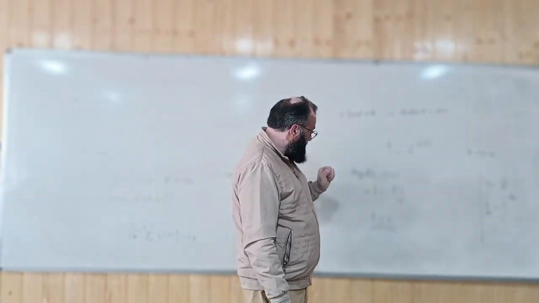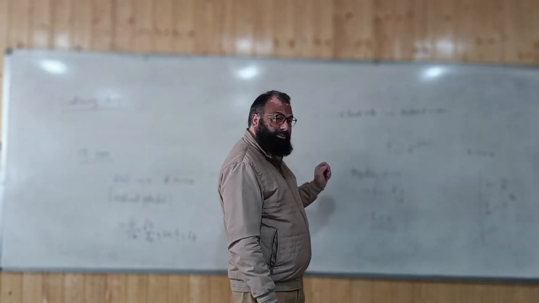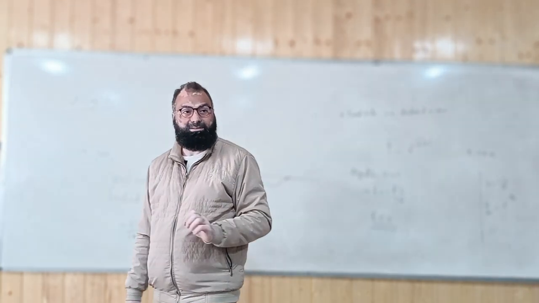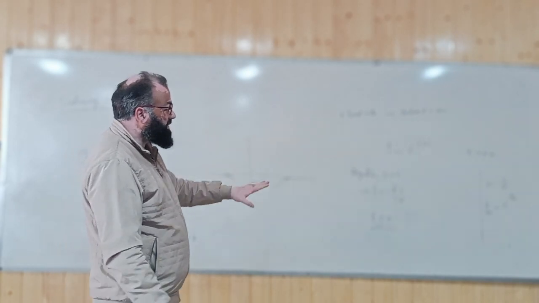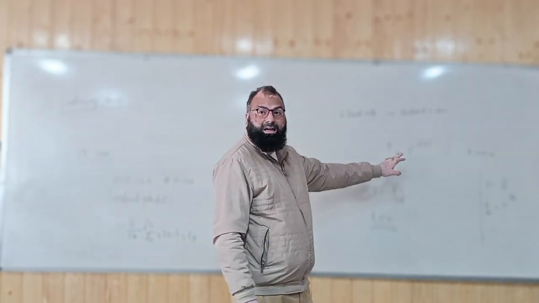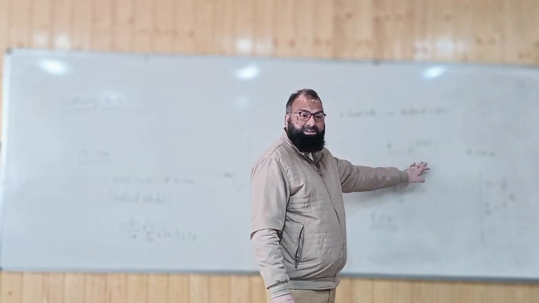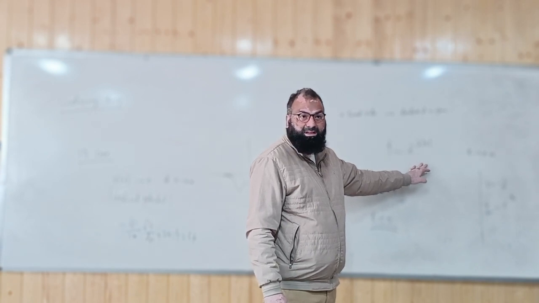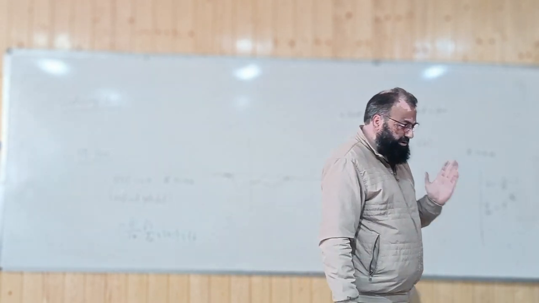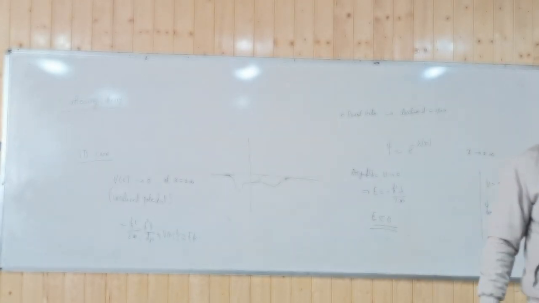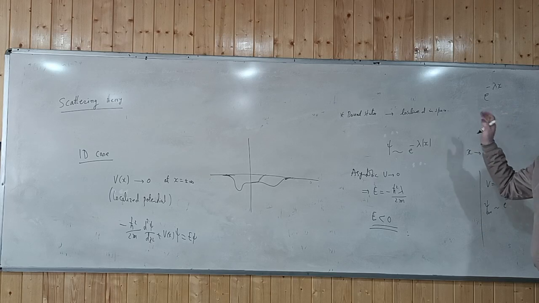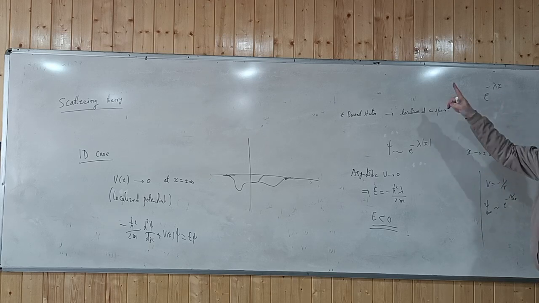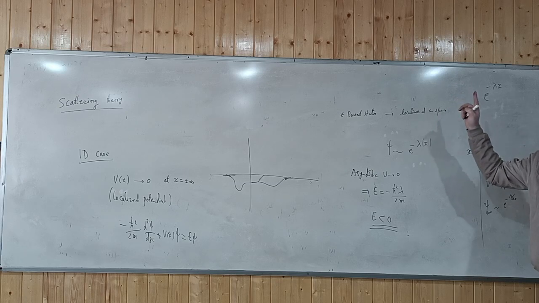If I remove the potential, if the particle is completely free, then the wave function will not go to 0 either at x equal to plus infinity or at x equal to minus infinity. Even if the wave function goes to 0 on one side, say at x tends to plus infinity, if you stretch it to x equal to minus infinity, it increases.